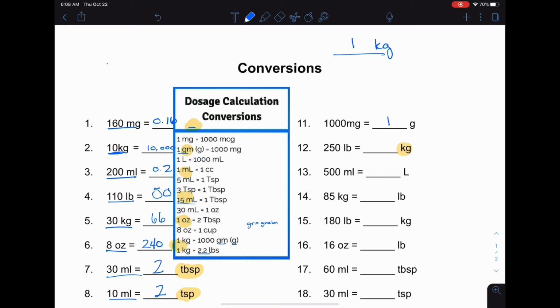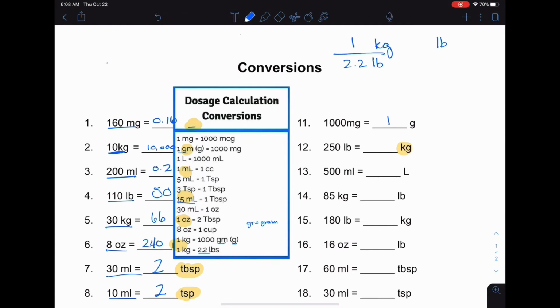There's 1 kilogram for every 2.2 pounds. I want to get rid of my pounds, put that up top. And this is where I can bring in the number from the problem, 250 pounds. Those will cancel out. All we're left with is kilograms, so now we can solve the problem.